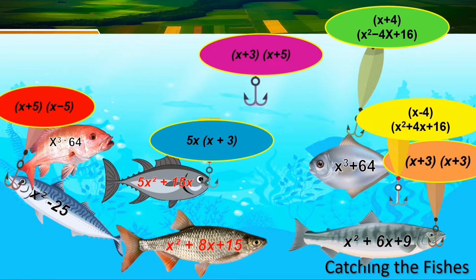Now, look for the bait that could catch x cubed minus 64. Your time starts now. Let's find out which among the remaining baits could catch x cubed minus 64, which are the factors of this polynomial.